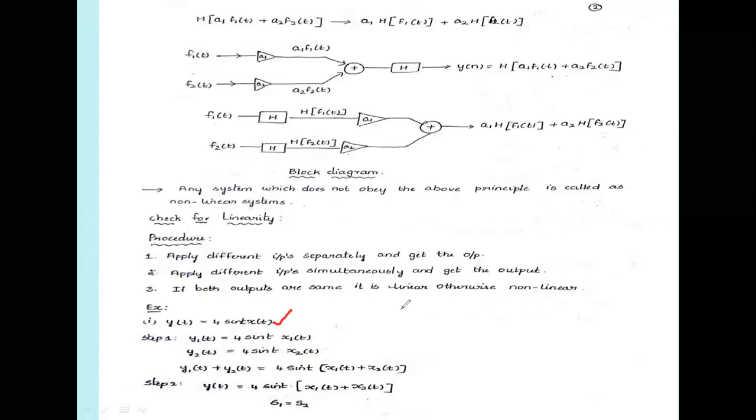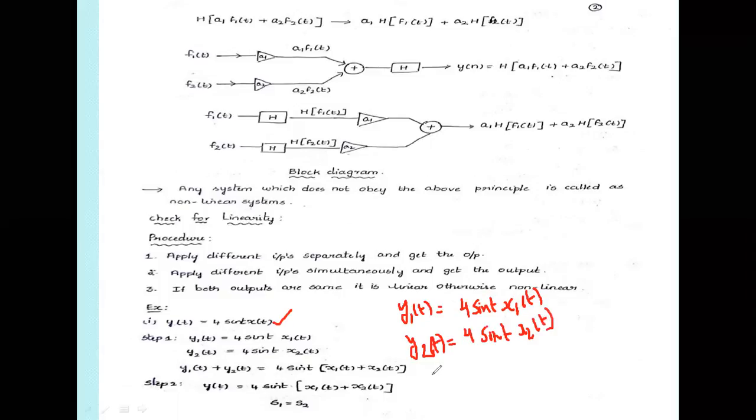First, let y1 of t equal 4 sine t x1 of t, because I am assuming y1 as the output with the input x1. Similarly, y2 of t equals 4 sine t x2 of t, the output with the input x2 of t.